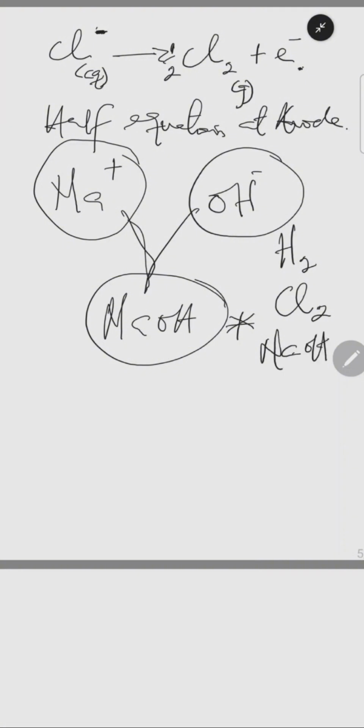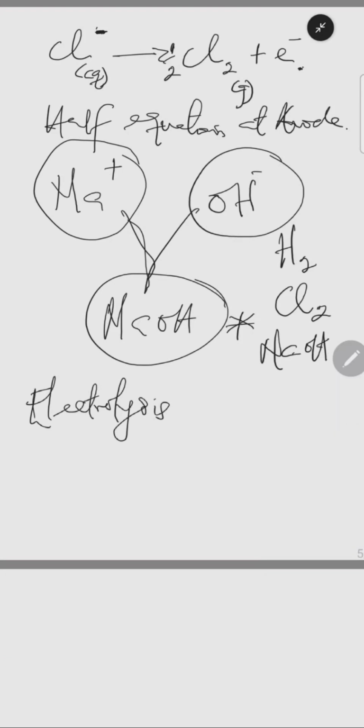So like I said earlier, electrolysis is simply when you use electricity to decompose substances, and all these phenomena, all these mechanisms are going to happen.